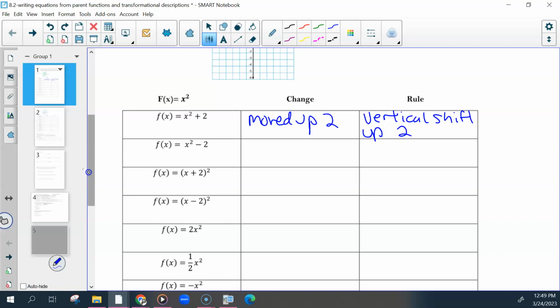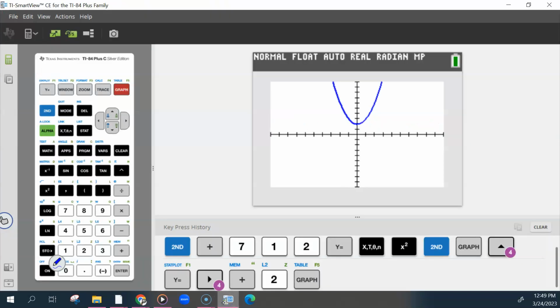So when we write our rules, we have to say, is it horizontal, is it vertical, what type of transformation is happening, so in this case the shift, what direction, and by how much. So if this one moves up, what do we think this one's going to do? Yes. So I'm going to graph it just so you see it.